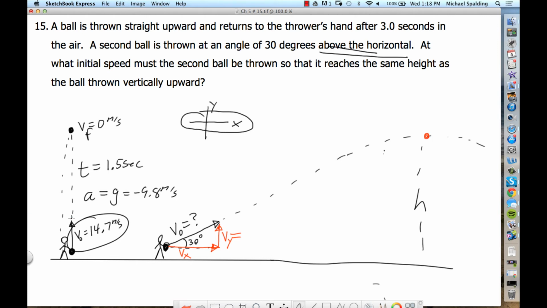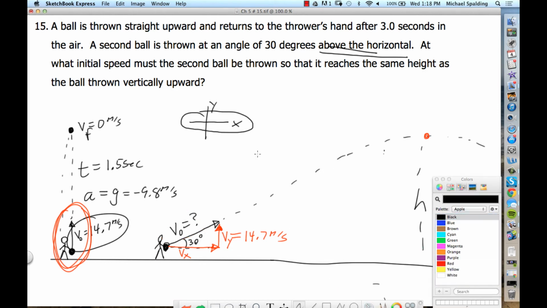Well, check this velocity out. See this velocity over here? Is that an x velocity or a y velocity? It's a y velocity. This y velocity right here has to be 14.7 because that's what this one was over here. Does that make sense? But what are we trying to solve for? The thing that we're trying to solve for is this. We're trying to solve for the velocity at an angle.